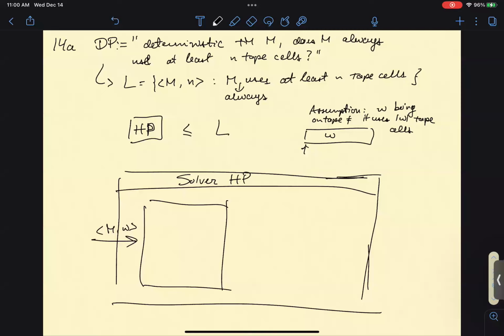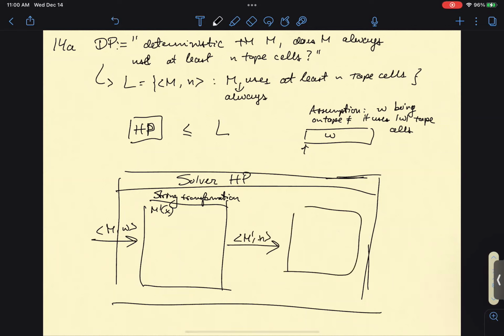So some string transformation. Right, so this is M prime, suppose it takes input x. Then you take this and feed that with some n into the L solver.